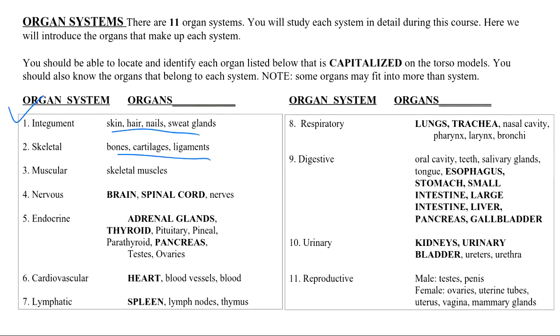In bold, like the brain and the spinal cord, for instance, you need to be able to visually identify those on the exam and also tell me either which organ system they belong to or which body cavity, as we just described in the previous slide.